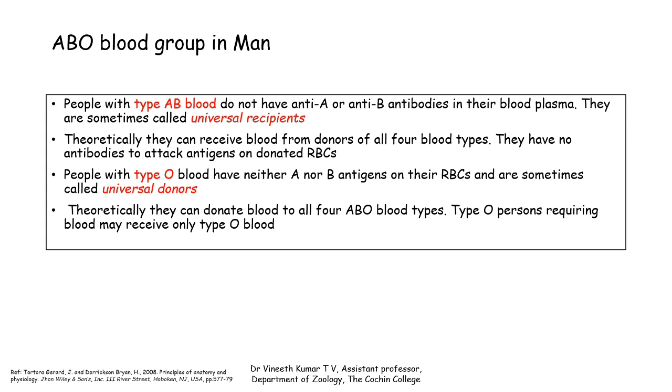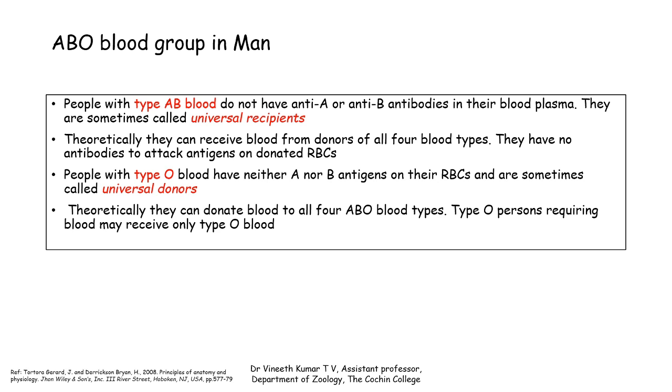But that is less likely to happen because the amount of B antibodies in the donor's blood will be diluted when it is being transfused. That is why they are called universal recipients. Even though they are called universal recipients, this is only theoretical.